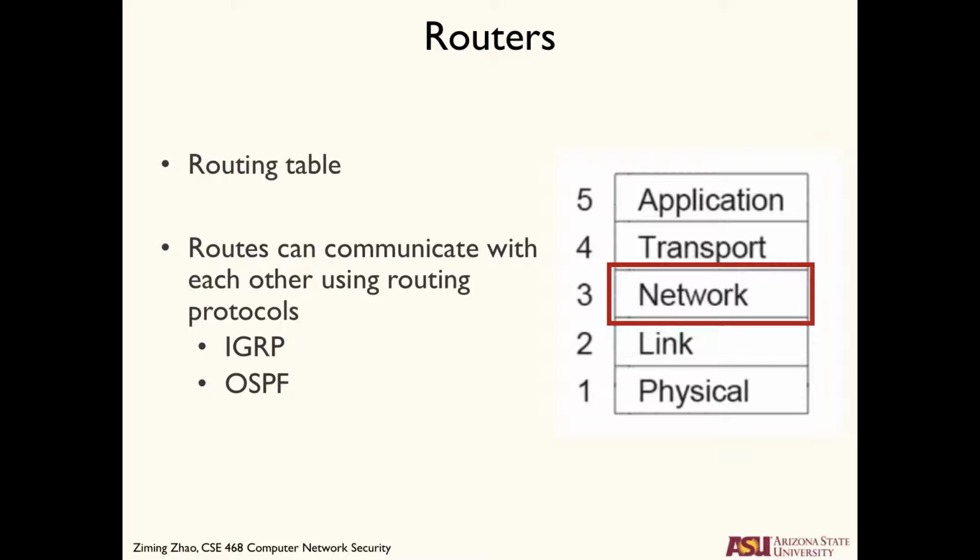That routing table can be configured statically. However, that's not scalable. So there are many dynamic protocols that let each router compute its own routing table. Those protocols are called routing protocols, and those are the protocols we didn't discuss.